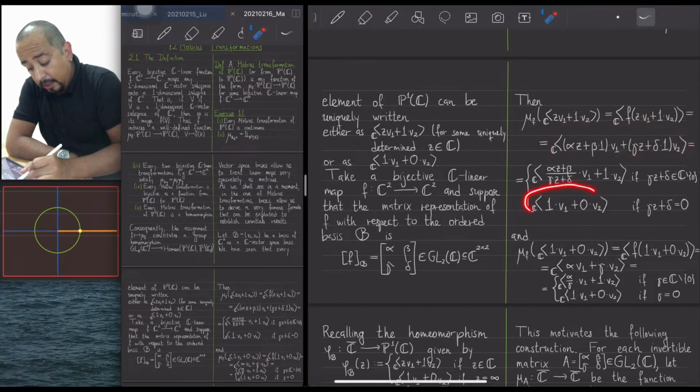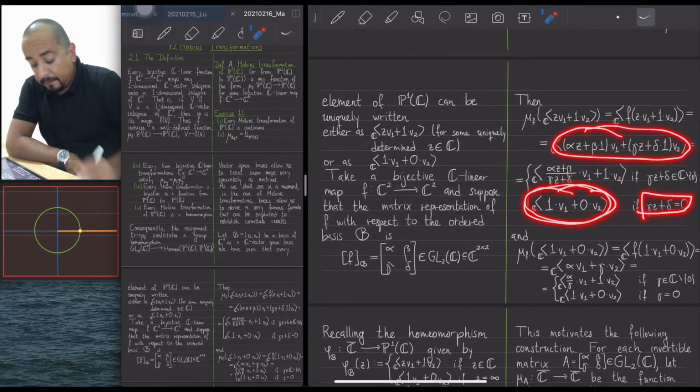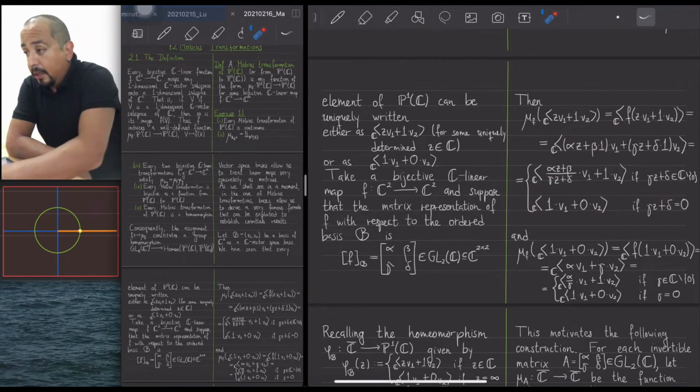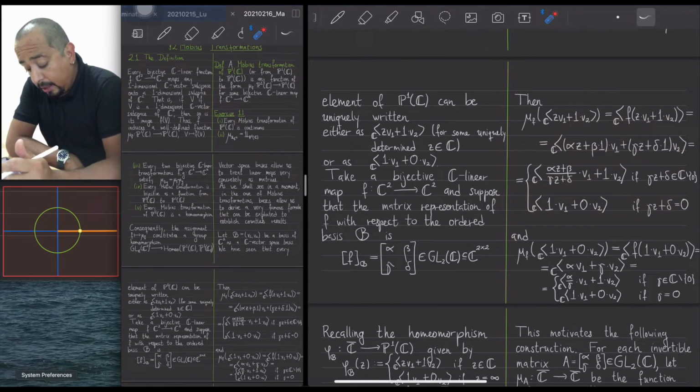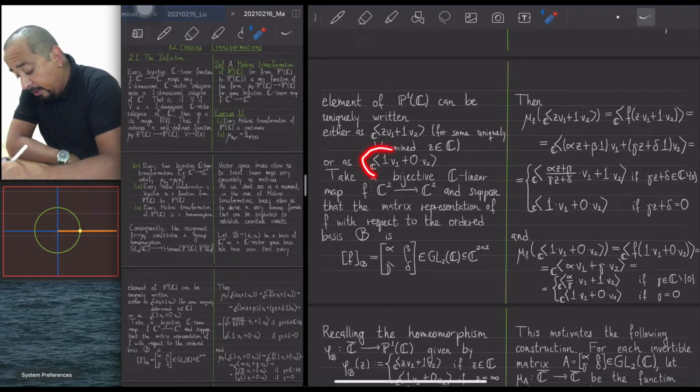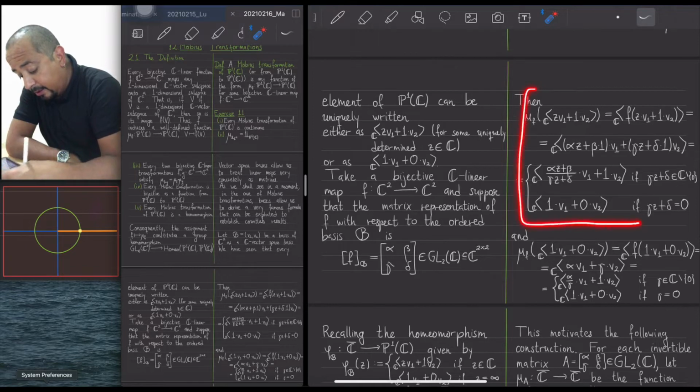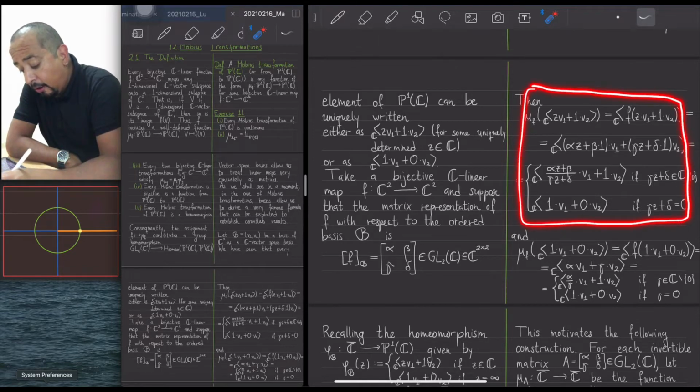And then we arrive at this: in that case, this vector subspace is equal to this vector subspace. Okay, and then we play the same game with this other point, right? Notice that so far this analysis applies to all of P1C except one point.